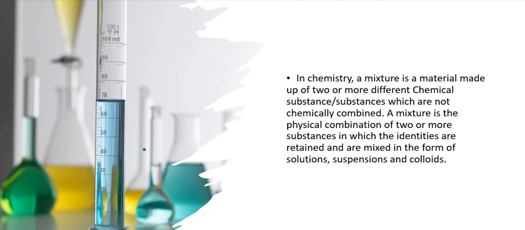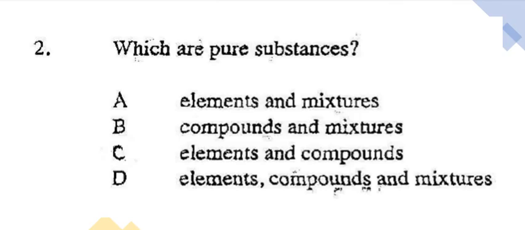So the answer to this question, as we have read: element and mixture. Element is a pure substance, while mixture is not a pure substance. Now we look at option B, compounds and mixture. So same, compound is a pure substance, but mixture is not. Next option is elements and compounds.